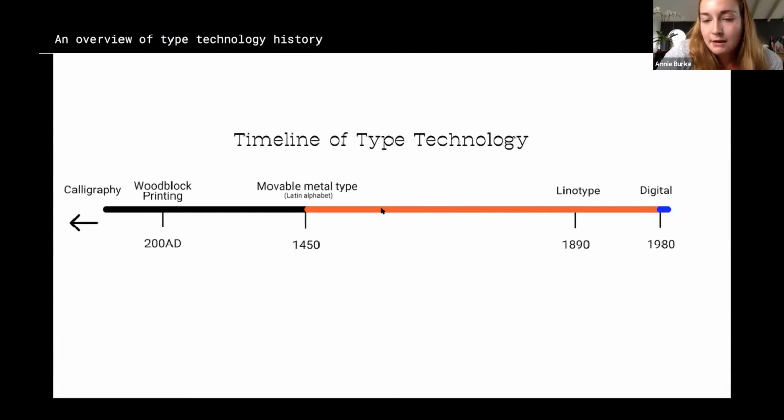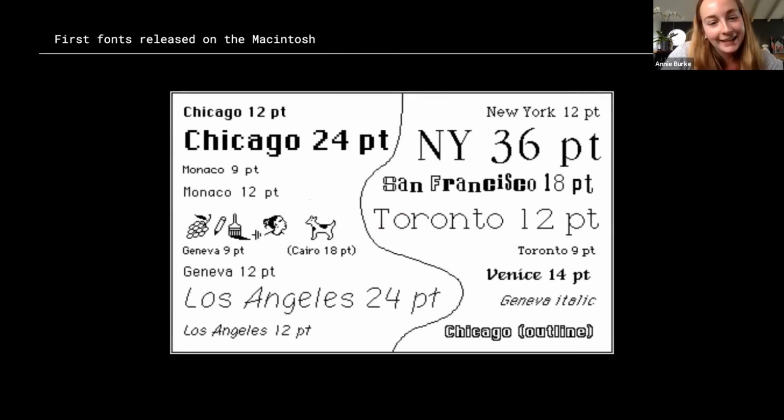And then we get to 1980, and it all gets to be pixel based, which is fun and okay, but we lose the craftsmanship a lot. And so now that type technology doesn't have to be pixel based, we're going back and trying to bring back a lot of the type from the 500 years that people were making type.